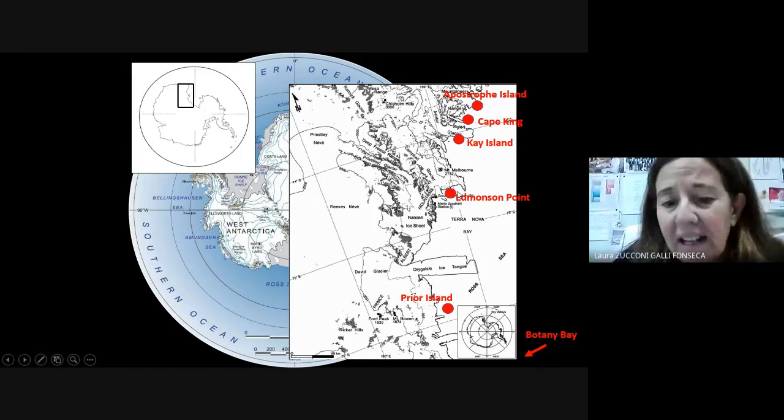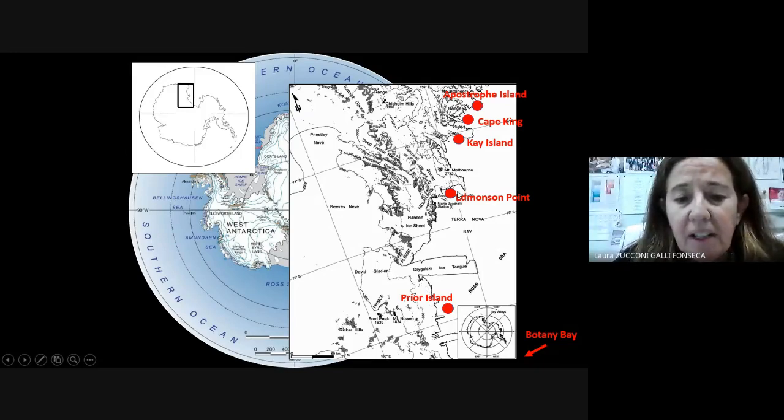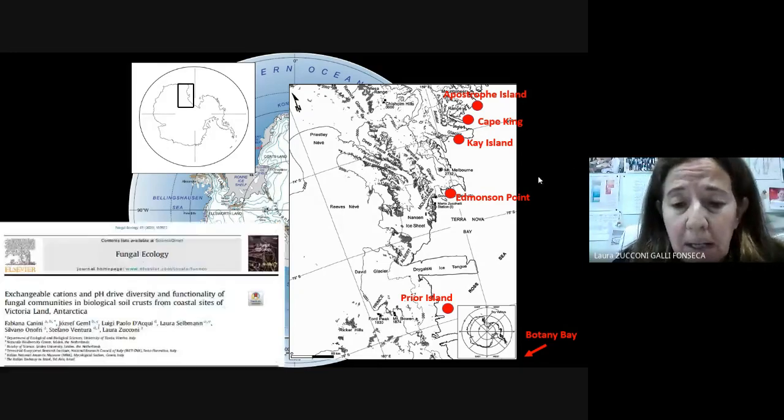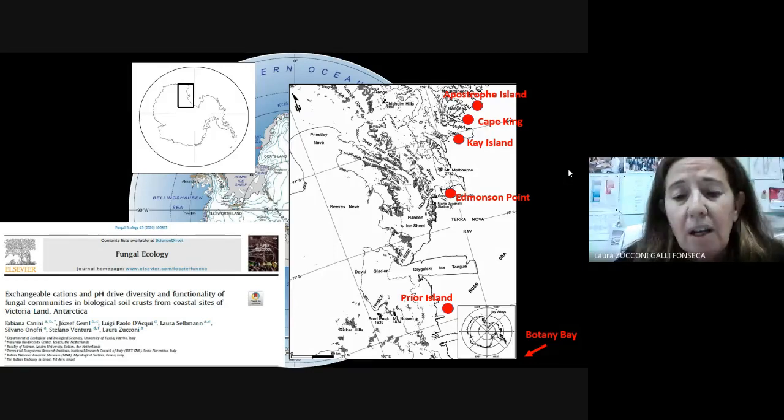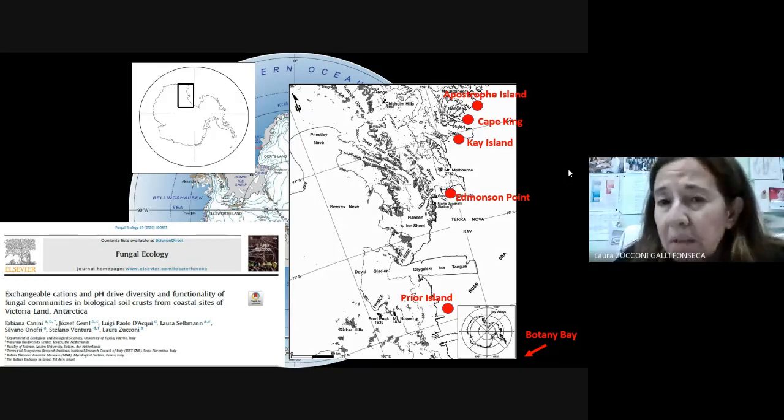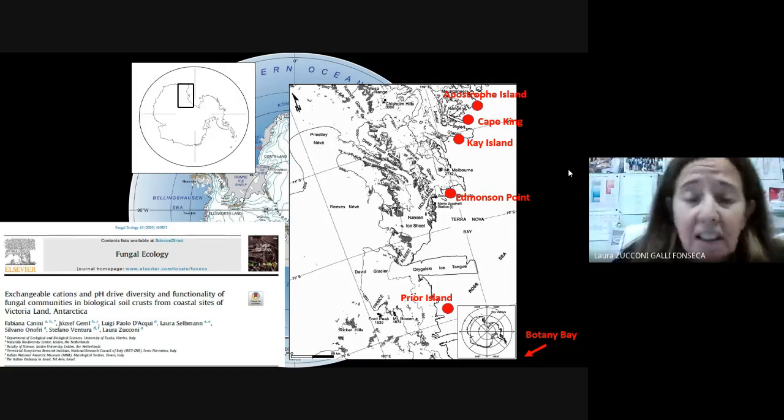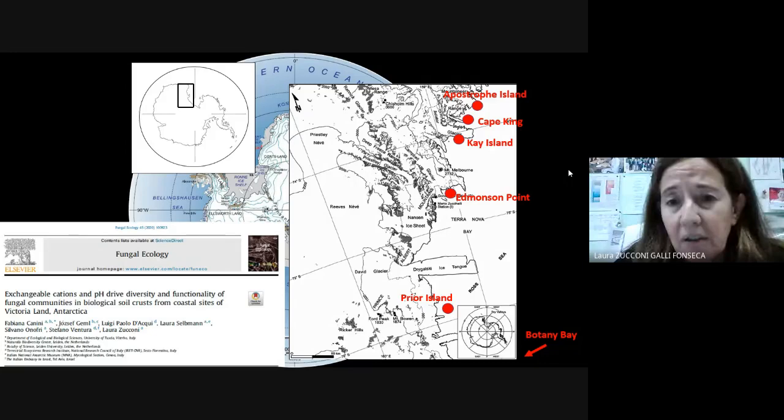I can tell you right now that the latitudinal gradient has a very limited effect on the community composition of these coastal sites. A study has already been published, and the differences observed appear to be determined by the different soil physicochemical properties and the type and extension of plant coverage, influencing the physicochemical soil properties.